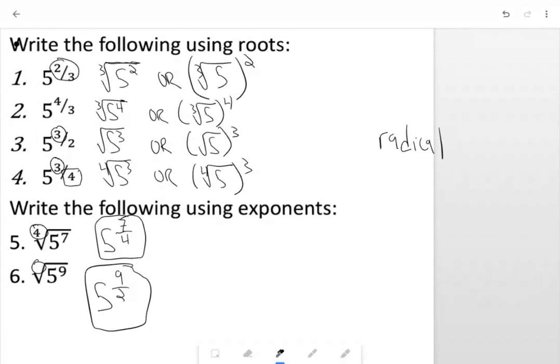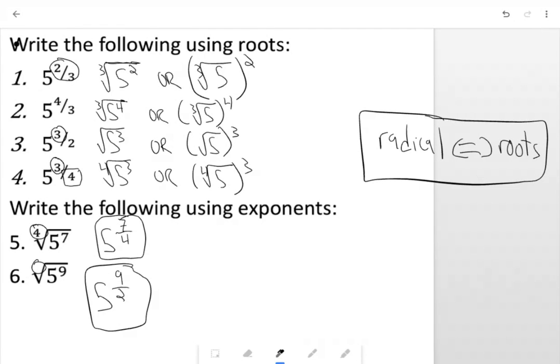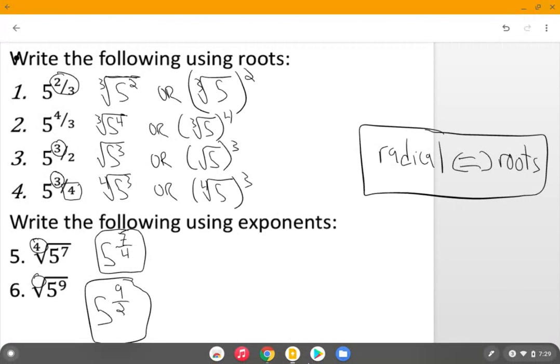Radical is just a fancy word for roots. So if it says to write it using radicals, that means write it using roots. So radical is just a fancy word for roots when you see that on your cooldown. That is it for lessons 4 and 5.